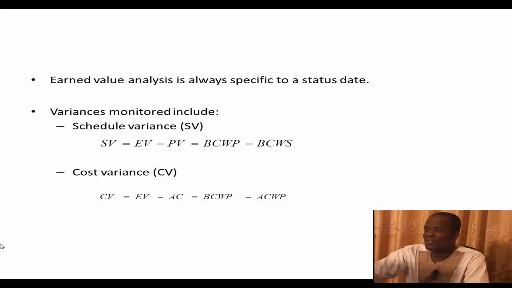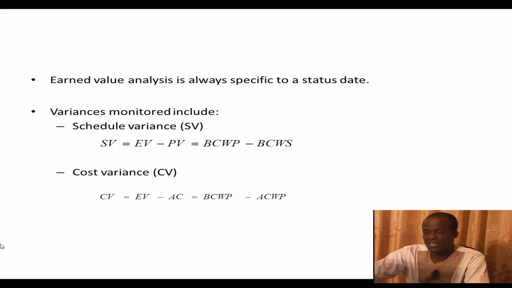Now, earned value analysis, as I said, is always specific to a status date. Once you get these three key parameters, which are the BCWP, the BCWS, and the ACWP, or the EV, the PV, and the AC, it only makes sense if you look at two variances, which are what we call the schedule variance and the cost variance.